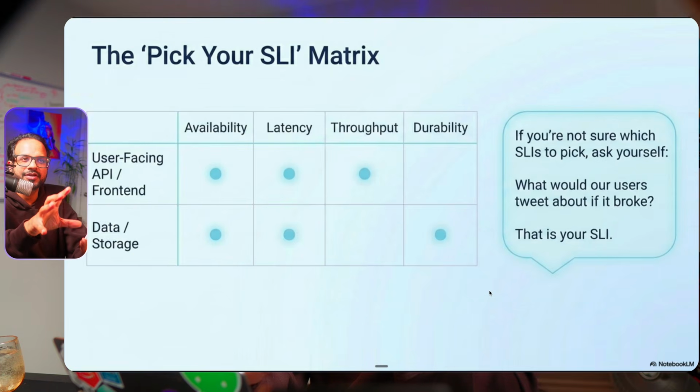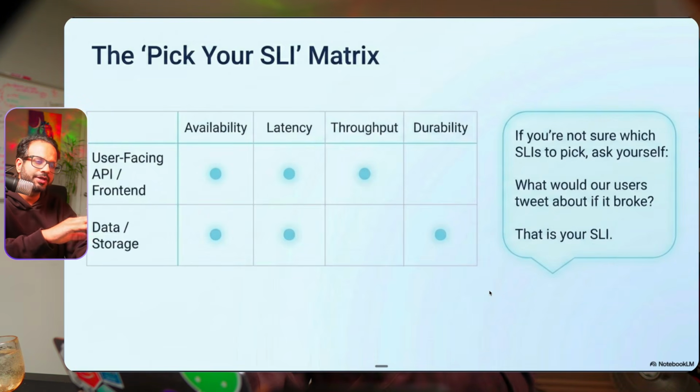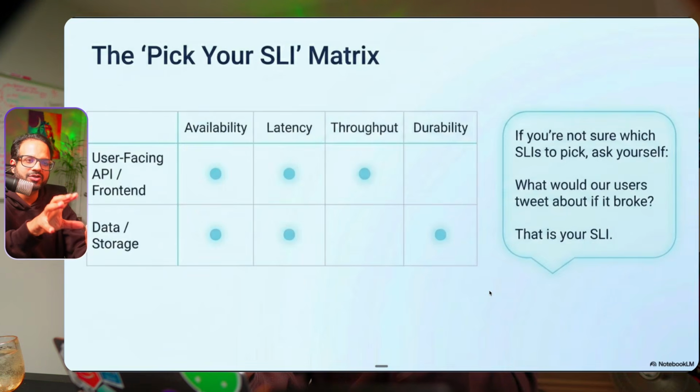Or if you see them complaining that my service is slow, it is taking me 30 minutes to get a response back from a web page, or it is timing out, so that's your latency, right? And so on, right? So you measure your SLI based on different metrics such as availability, latency, throughput, and durability, and it's totally based on the type of service that you are aiming for.